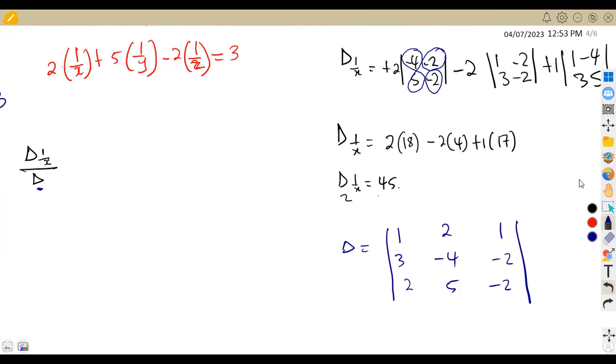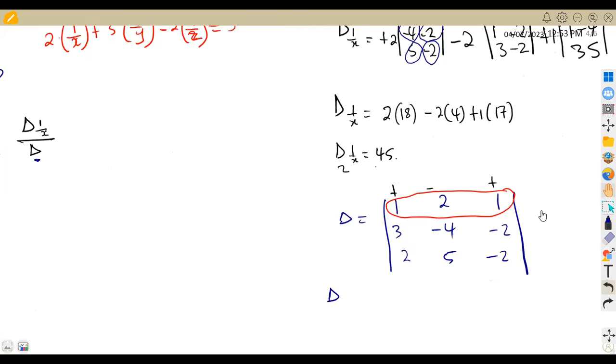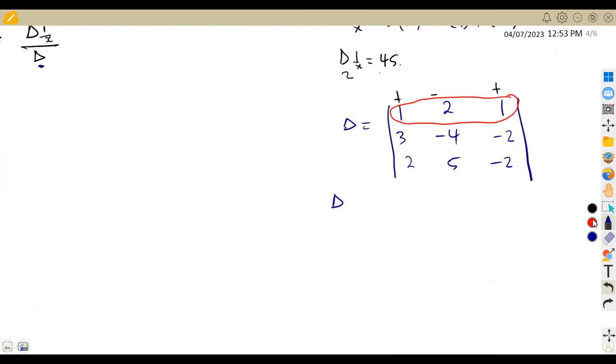So just like what we did previously, our determinant is plus, minus, plus. I'm going to work with this top row in this case. So that means my determinant with respect to the constants, if I close the part of 1 here, we close the row and the column where there is 1, we remain, in this case, that's plus 1 into the determinant of minus 4, minus 2, 5, and minus 2.